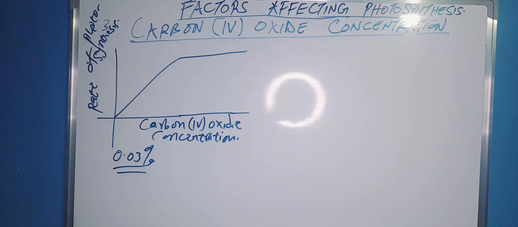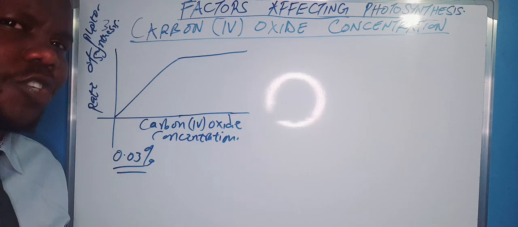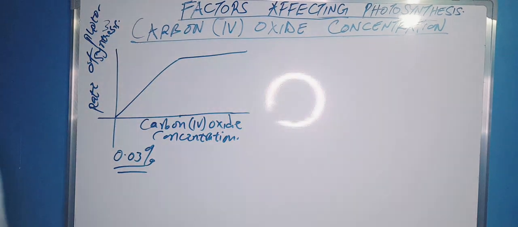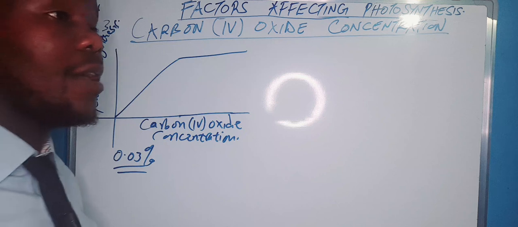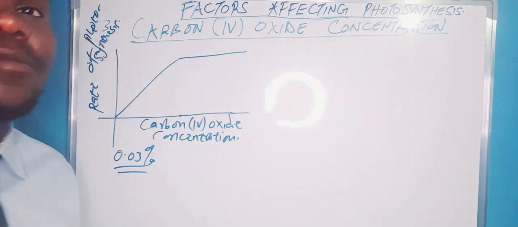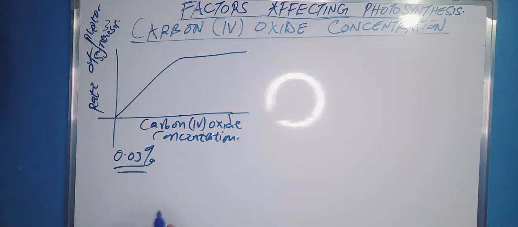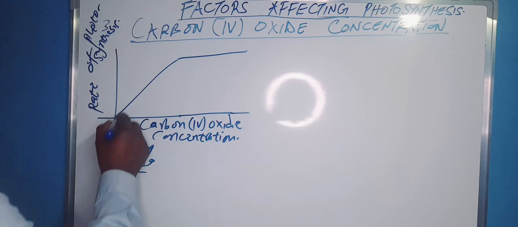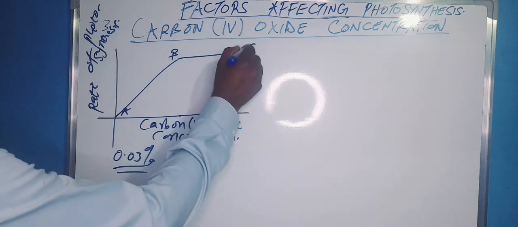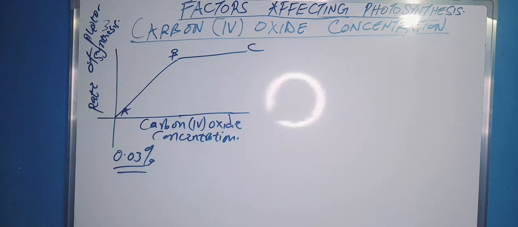So before that, first, let's understand this carbon dioxide concentration. We are saying it's at 0.03%. We can increase its concentration, especially under controlled experiments, like when you are doing your practice under greenhouse. Like yesterday we said you can subdivide A, B, and C. That's what we did in the other clip.